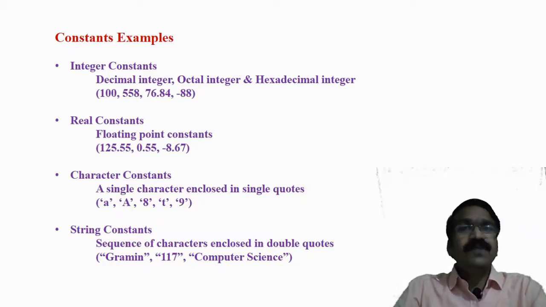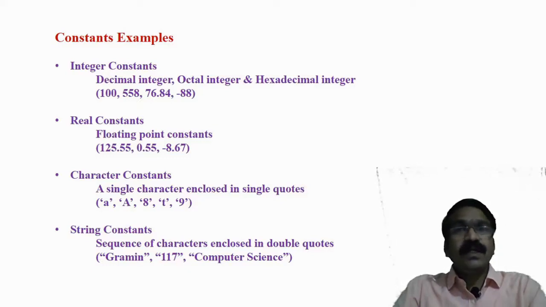A sequence of characters enclosed in double quotes is called a string constant. The difference between a character constant and a string constant is that a string constant is enclosed in double quotation marks and a character constant is enclosed in single quotation marks.